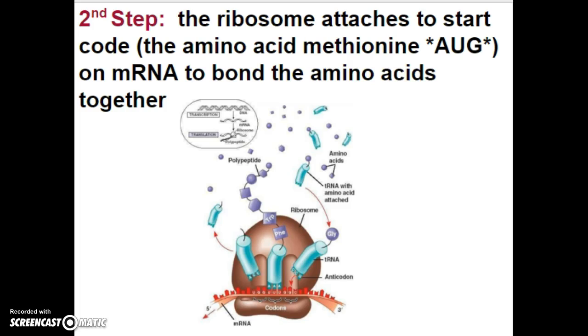So after we have the messenger RNA moving out of the nucleus and going to the ribosome, it will attach to a start code. There's a particular amino acid that's used as a start code. It is the amino acid methionine, which is the 3 bases of A, U, and G. So once the ribosome reads AUG, that's where it knows when to start. It'll start bonding those amino acids together.